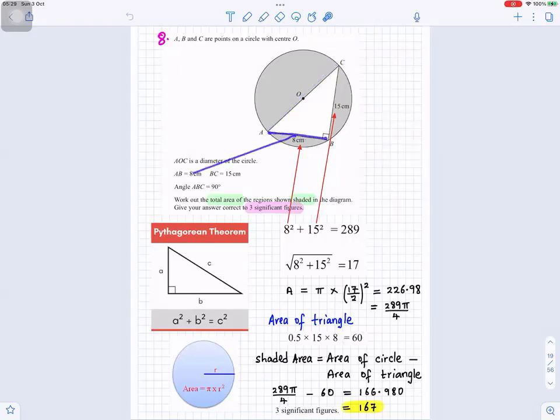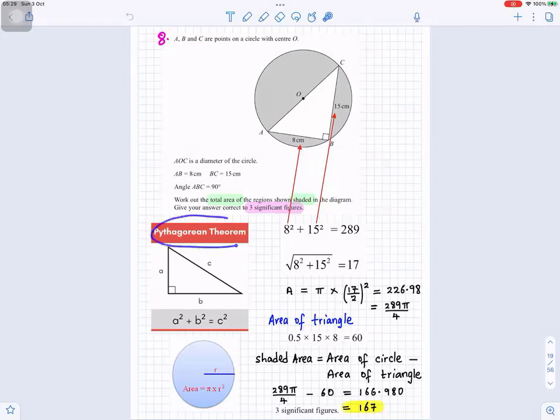BC is equal to 15. Angle ABC is equal to 90 degrees. Work out the total area of the region shown shaded in the diagram. Give your answer correct to 3 significant figures.